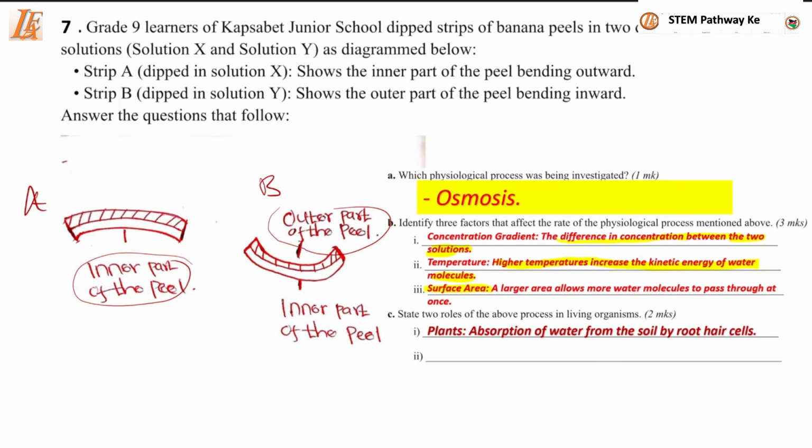It is through osmosis that plants can absorb water from the soil through the root hair cells. Then in animals, we use osmosis for reabsorption of water in the kidney tubules to prevent dehydration. The reabsorption of water in the kidney tubules is facilitated by this process which we call osmosis.